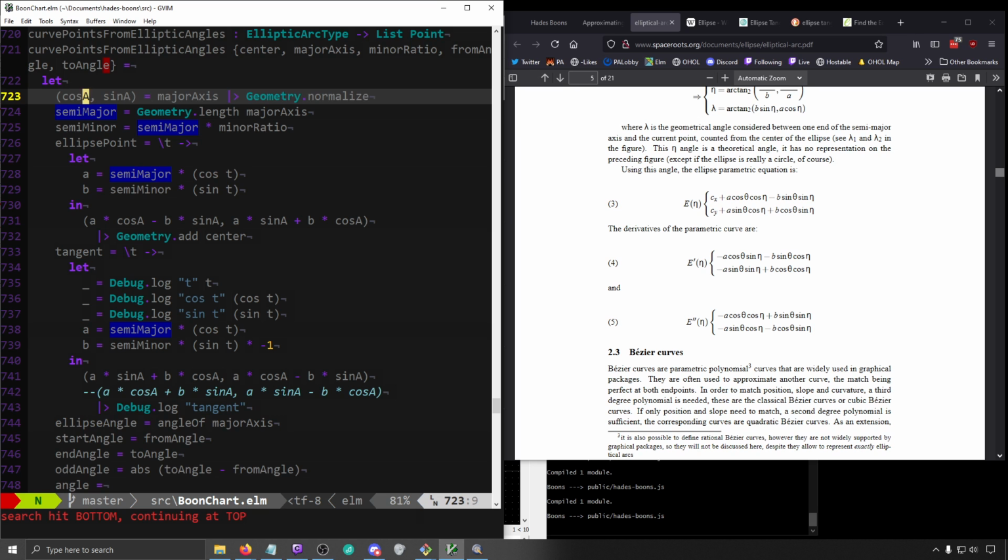So the equation of the ellipse at point blah blah blah, major axis is going to give us the angle of the ellipse.